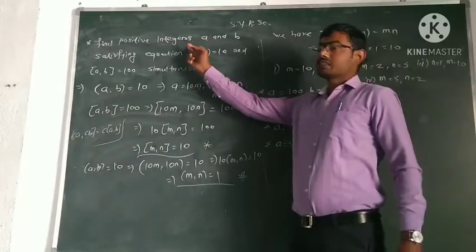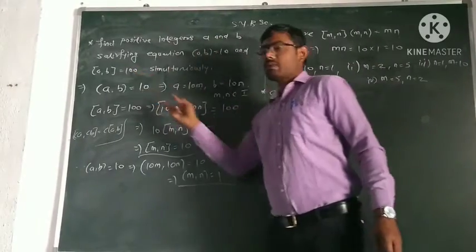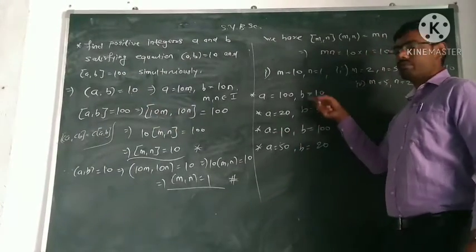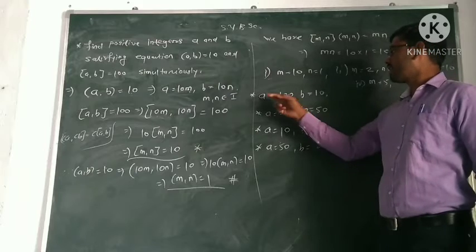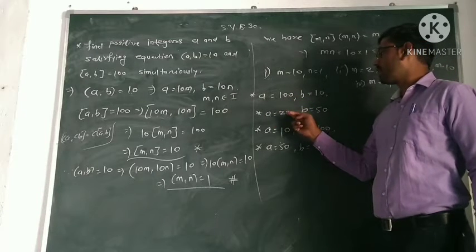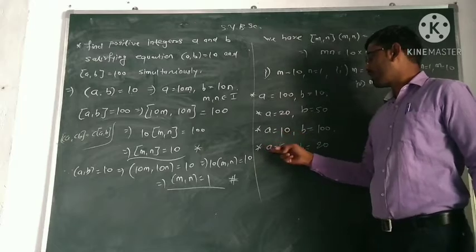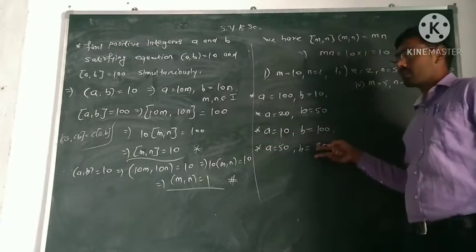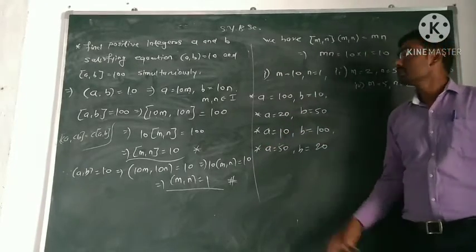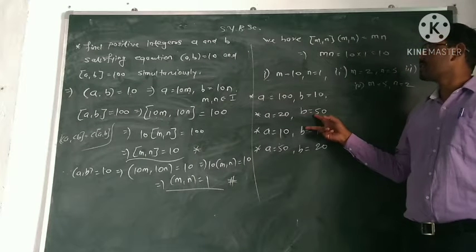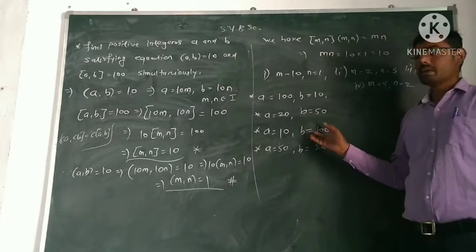So positive integers A and B satisfying both equations simultaneously are these. Either A is equal to 100, 20, 10, or 50, with the corresponding values of B. These are the pairs of positive integers A and B satisfying.